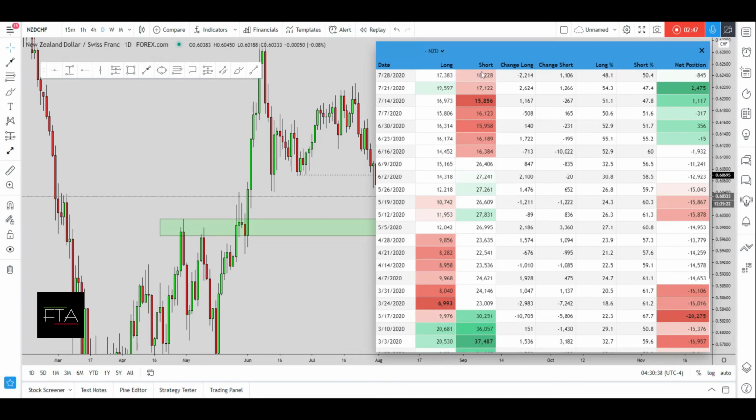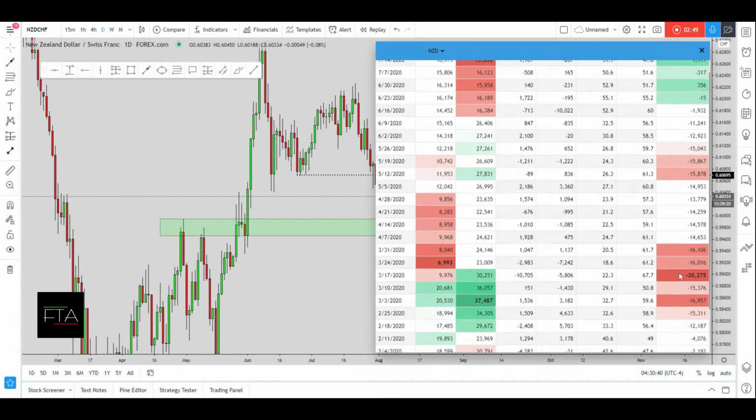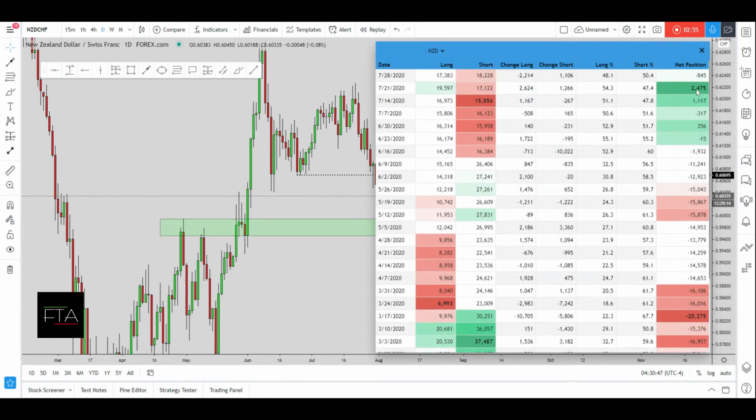Now, from an NZD perspective, we can see that in the long term, institutions clearly have been shifting their positioning to the long side, going from minus 20k net positions all the way up to plus 2.4k net positions. Then definitely, yes, we did see some profit taking with the last report, with 2k longs getting closed and 1k shorts getting opened. But overall, the shift has been quite clear.